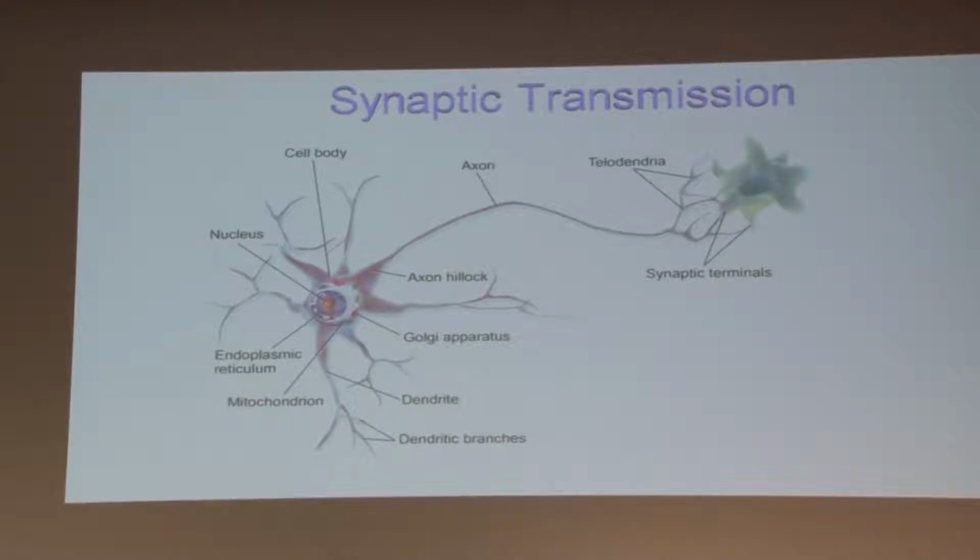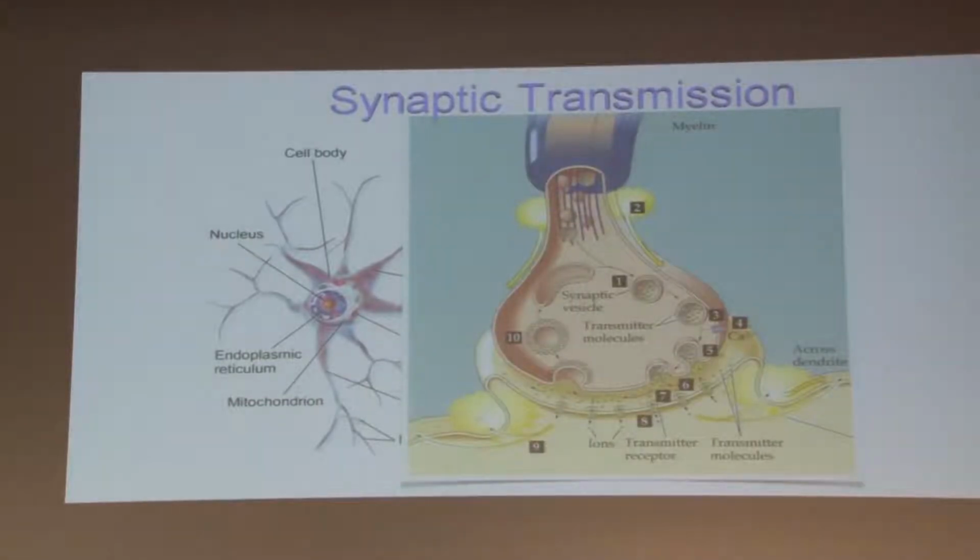So in short, when an action potential invades the presynaptic terminal, neurotransmitter molecules are released in the synaptic cleft via exocytosis. These molecules, which are depicted here as green dots, diffuse into the synaptic cleft and bind to neurotransmitter receptors which sit on the postsynaptic membrane.